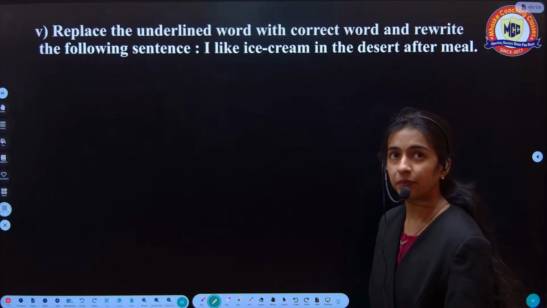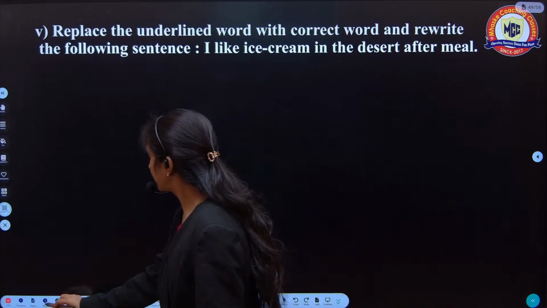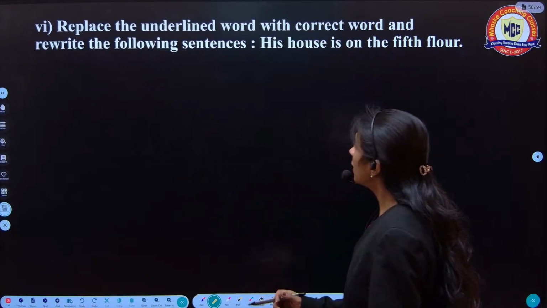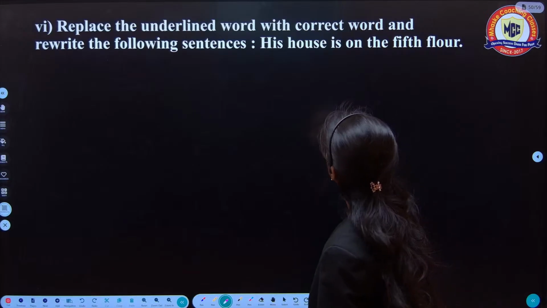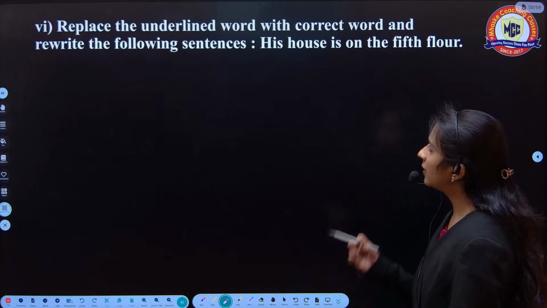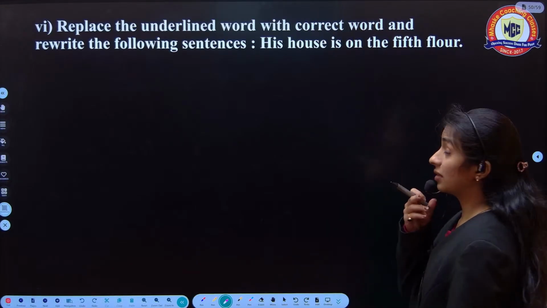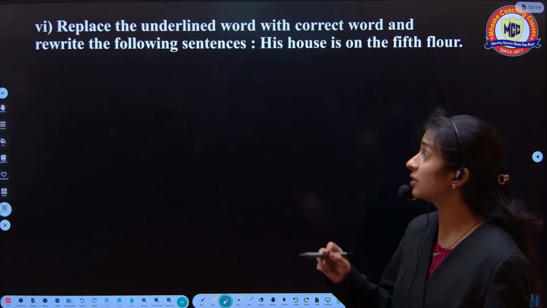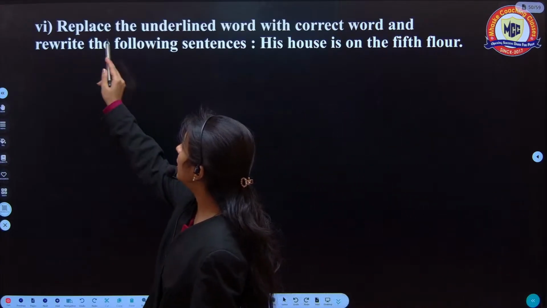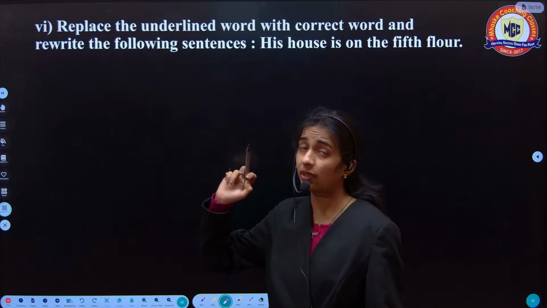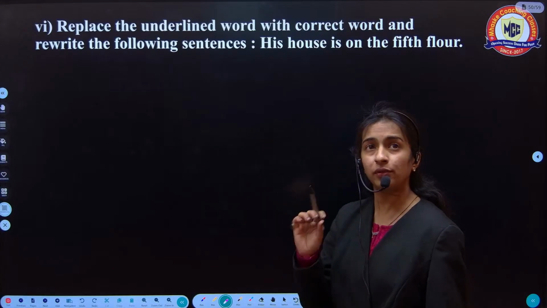Okay, next. Replace the underlined word with the correct word and rewrite the following sentence. Why do I have to rewrite? Because it is specifically given to rewrite the following sentence. So make sure that you also rewrite the full sentence.